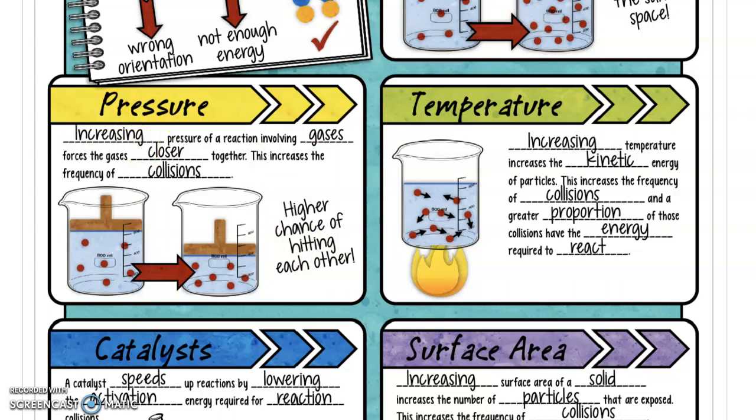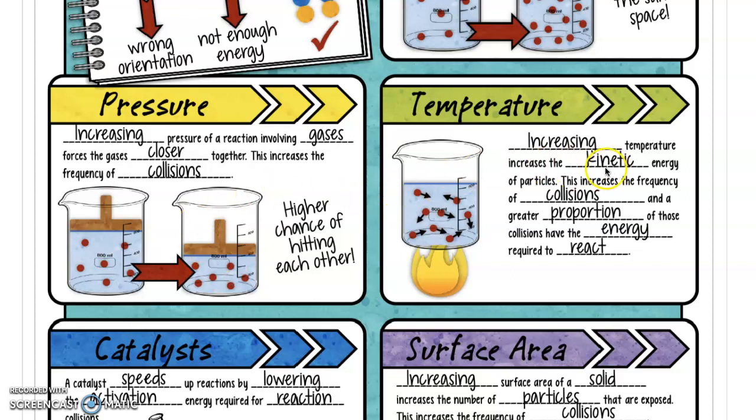This isn't about increasing concentration. This is the same amount of chemical, but with gases, if I compress it down, it's more likely to collide because I'm squeezing it into a smaller space. So the same amount of stuff, but now in a smaller space. So compression or pressure, pushing things closer together, can increase reaction rate.